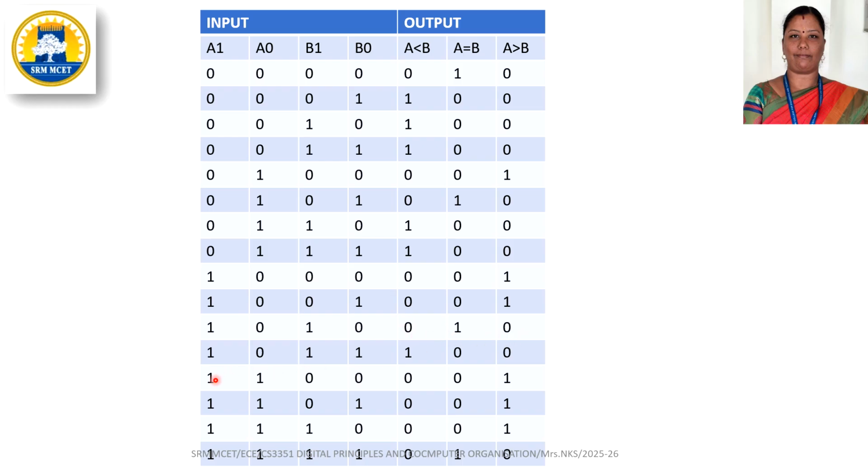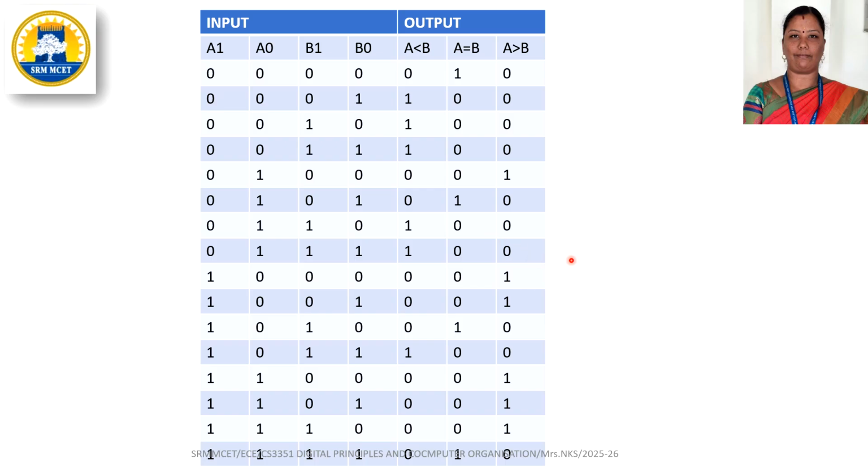Next, if A is 1, 1 and B is 0, 0, as we know, A is greater than B, so we have to write 1 in the A greater than B column, and the other two columns will be marked as 0. Likewise, we can write all the combinations and the output for all of them.